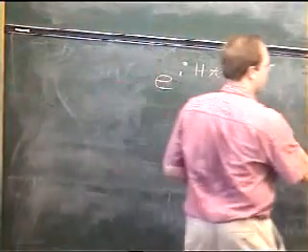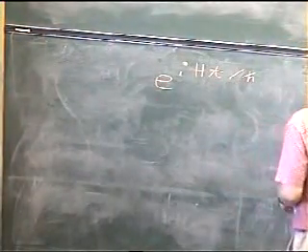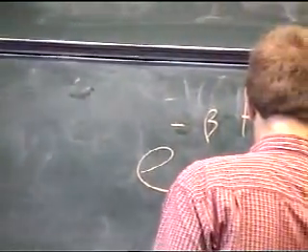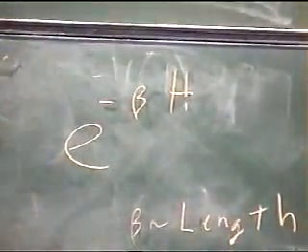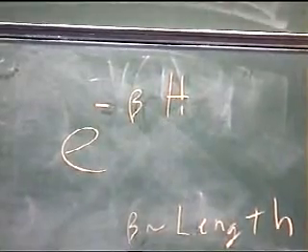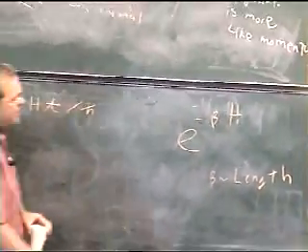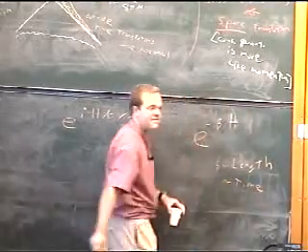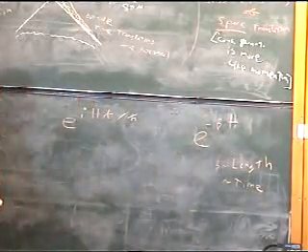So I compared this with e to the minus beta h, and I said that beta is a length. Well, in relativity, lengths are as good as times, right?